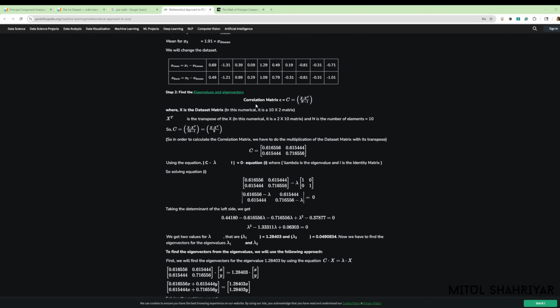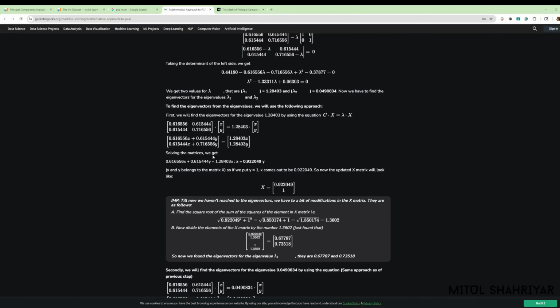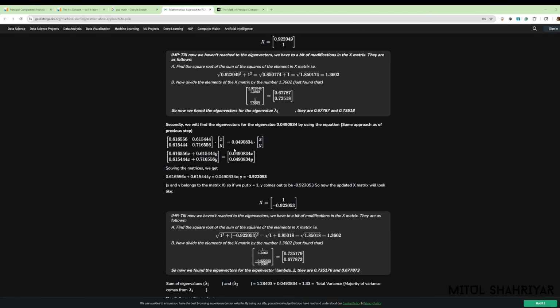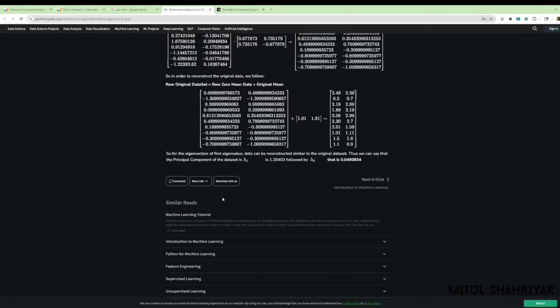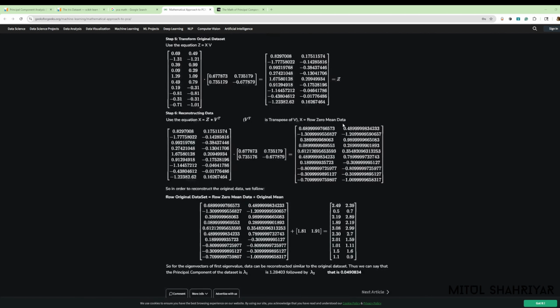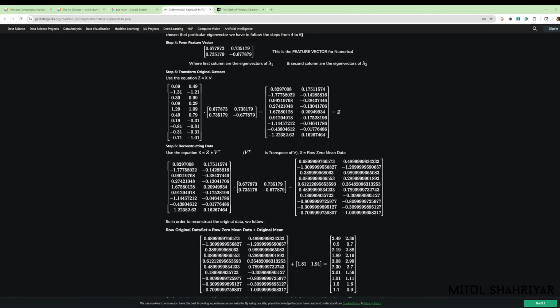I believe you have all learned about it by now. Then a lot of things happen: a significant eigenvector and vectors, sum of eigenvalues, and this kind of process, and so on. And then we end up with this last matrix. Okay, so there's a lot of process.